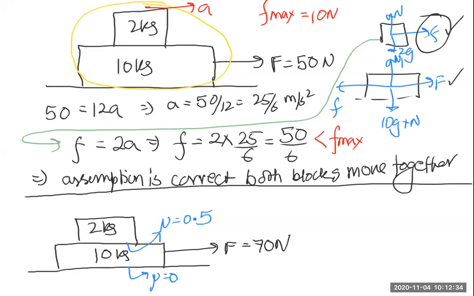पहले you have to answer. First, you have to tell me whether they will be moving together or separately. Please use what I have done. ऊपर FBD आपके लिए सारे बने हुए हैं. Assume. हाँ, very good, very good.